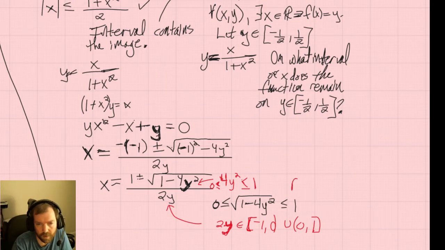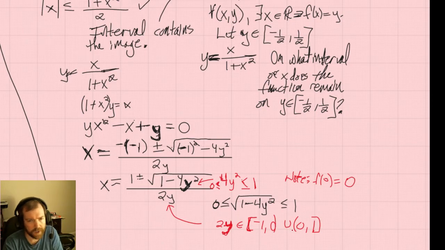I don't need the 4 there. So just note, I guess, f of 0 is going to be 0 itself, and that is our overall y value.